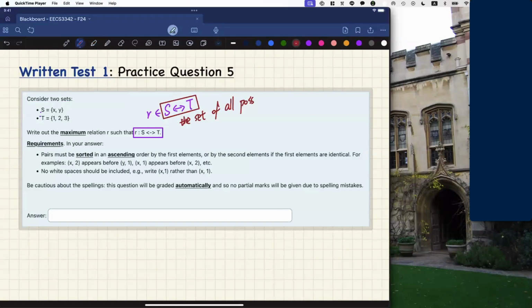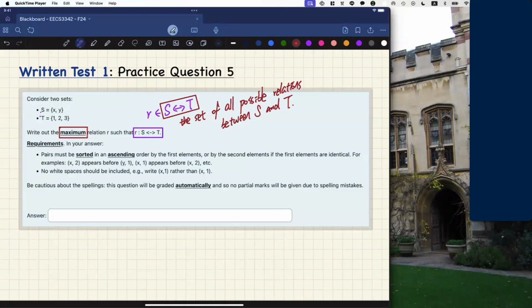The set of all possible relations between S and T. All right, and then we're asking about the maximum relation, right? As we said in the class, if I ask you about the minimum relation, that'll be just an empty set.